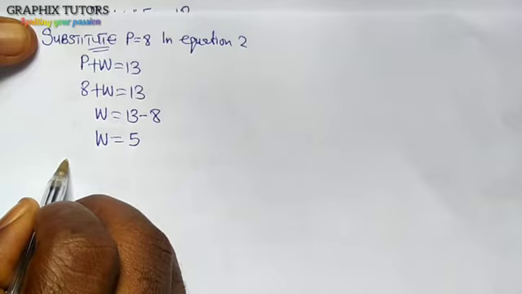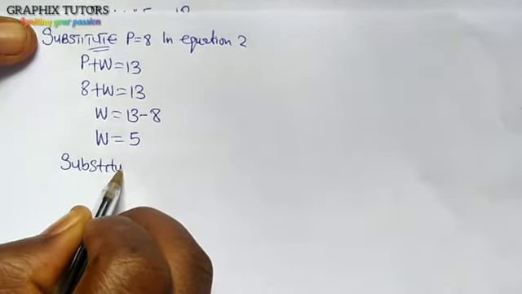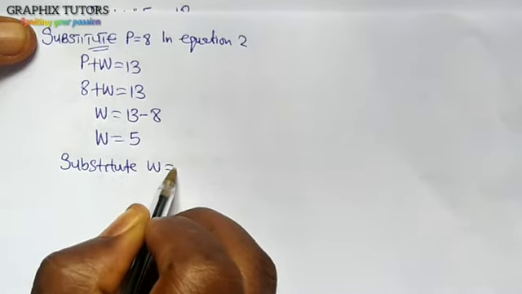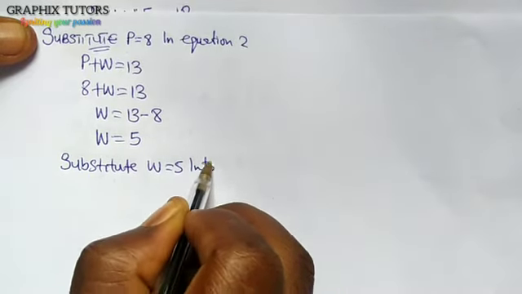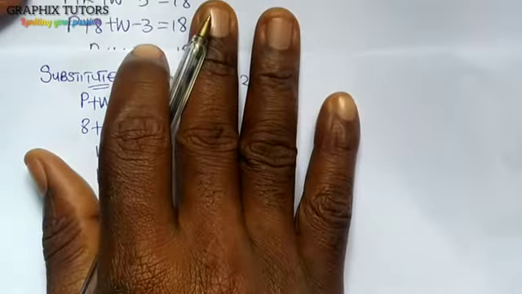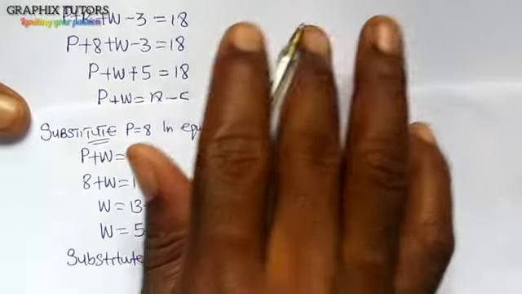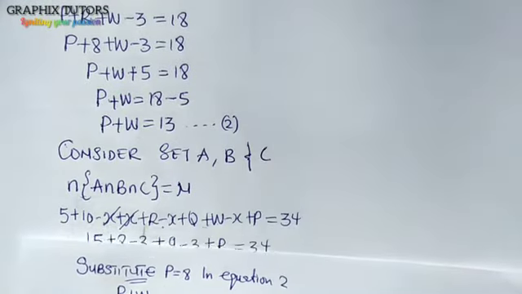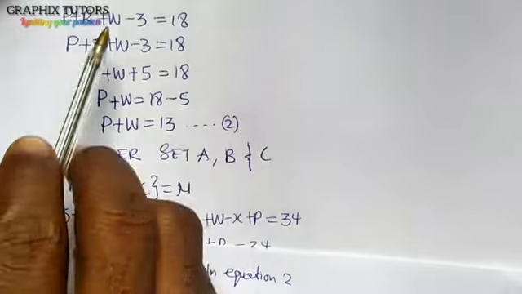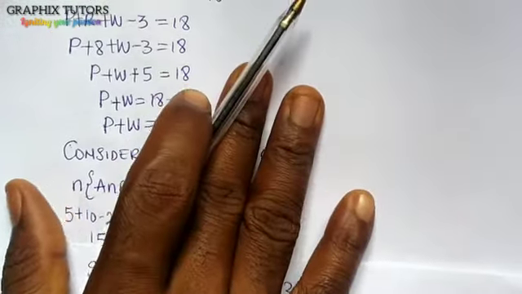Substitute w equals to 5 into equation 1. Now where's my equation 1? This is my equation 1 here, to get q.